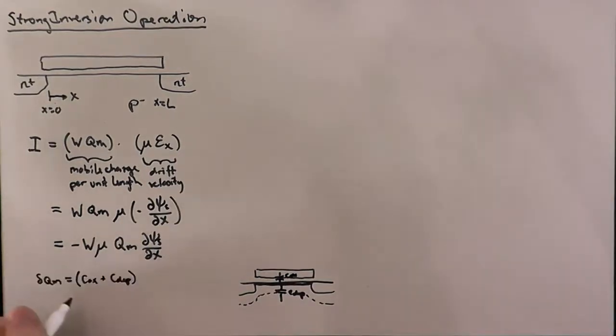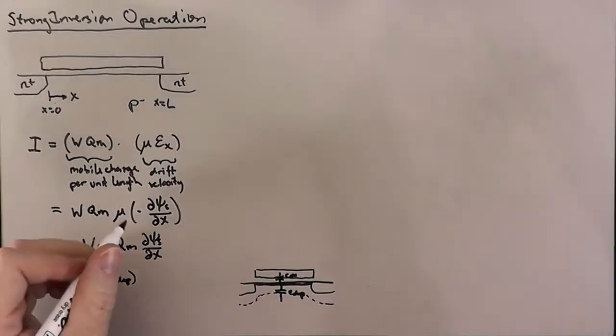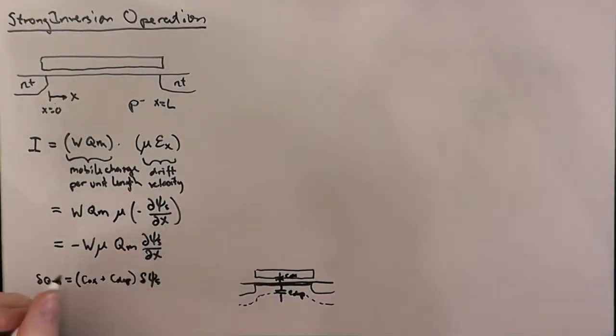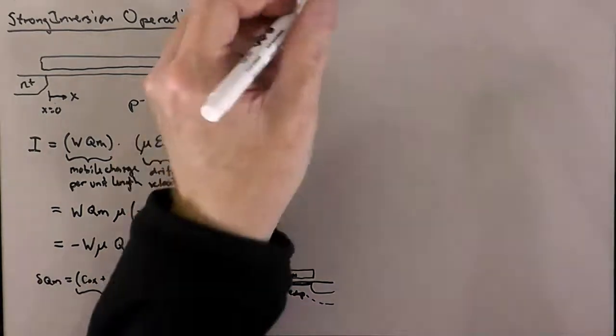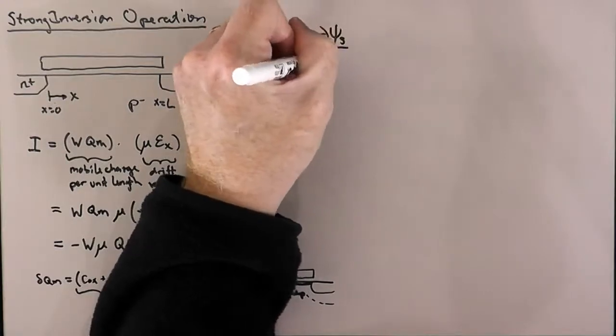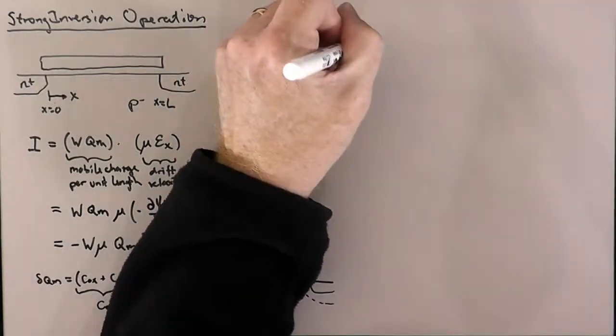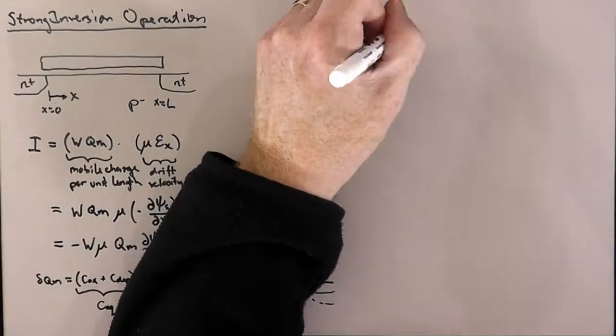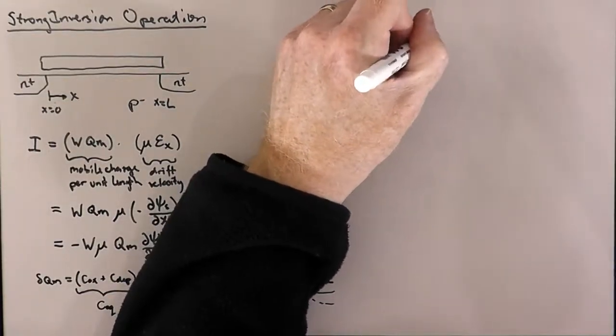If you recall, that's how capacitors combine in parallel, they add, times d psi s. And so we could call this effective channel capacitance, C equivalent. And so that basically tells us that we can express d psi s dx as 1 over C equivalent times dQm dx.